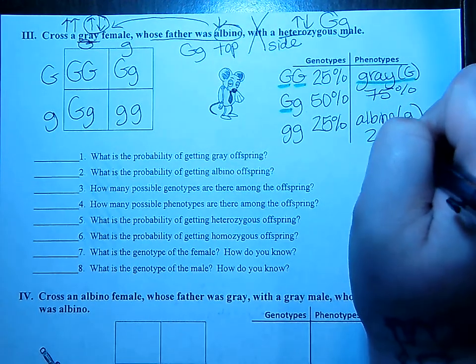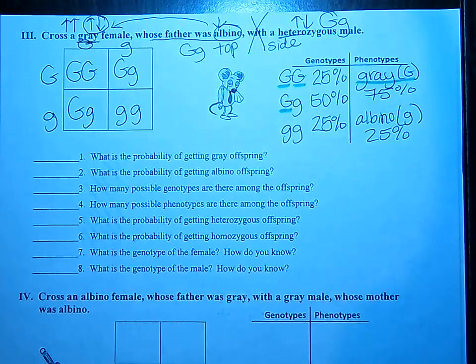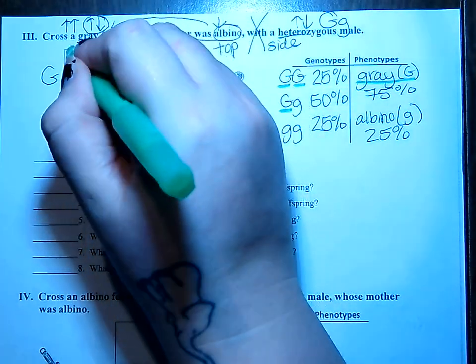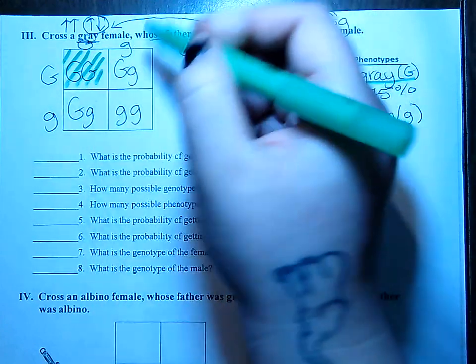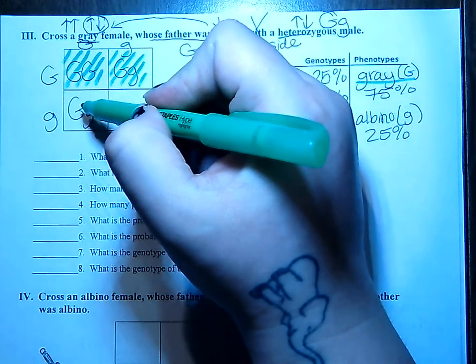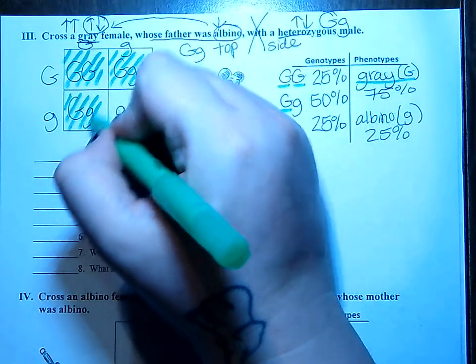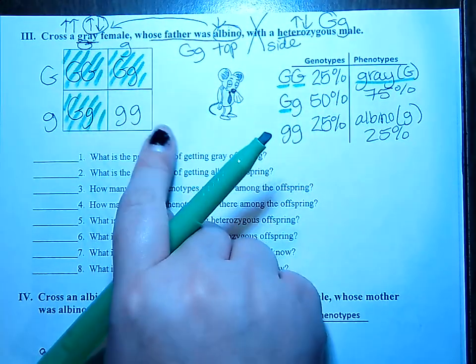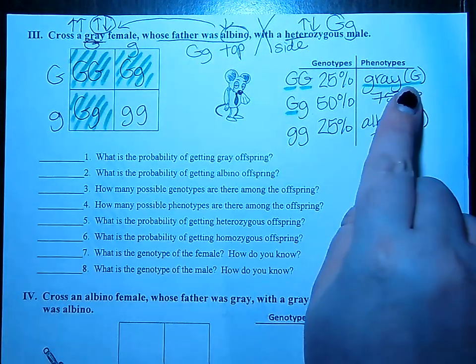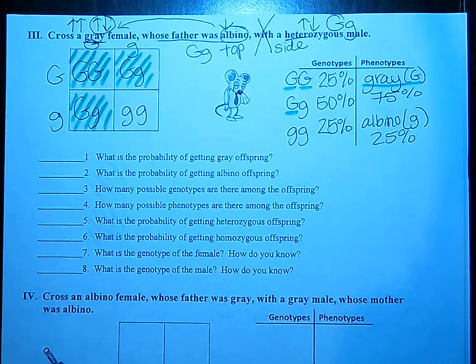Albino would be 25%. But let's double check with our Punnett square. We have 2 capital letters, one capital letter, one capital, or dominant allele, and then recessive. So 3/4 is the same thing as 75%.